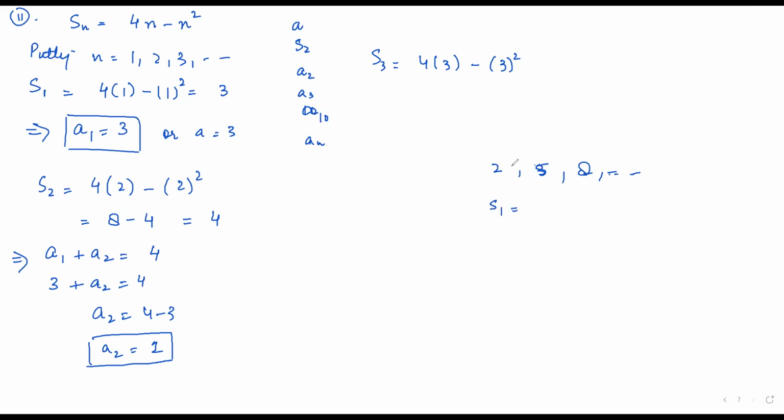I'm adding only one term. So sum will be 2 only, right? What is S2? 5 plus 2. So I'll add these two terms. Sum of one term means I'm taking only one term, right? S2 means the next term also I'm including. So if sum is 2, that implies the first term is 2. So here I've got a1 is equal to 3.